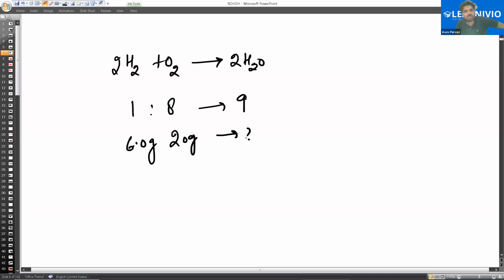And which will be consumed first? Which element will be consumed first? We have 6 grams of hydrogen and 20 grams of oxygen. Which element will be consumed first?